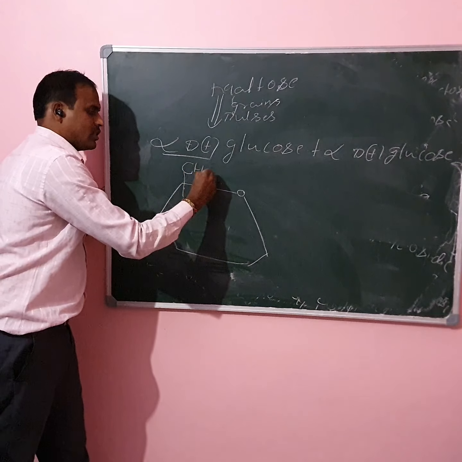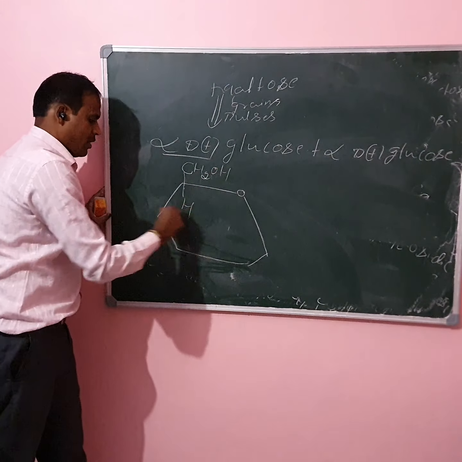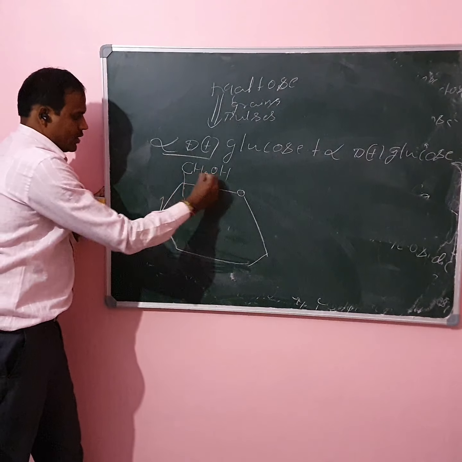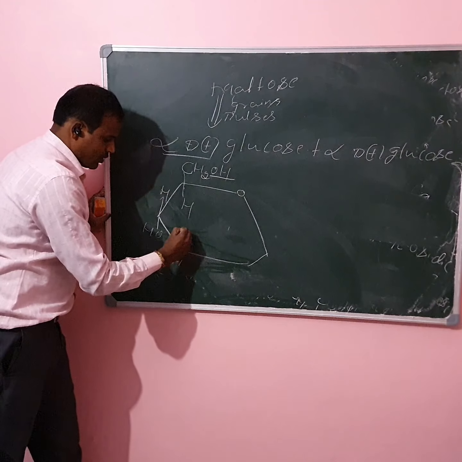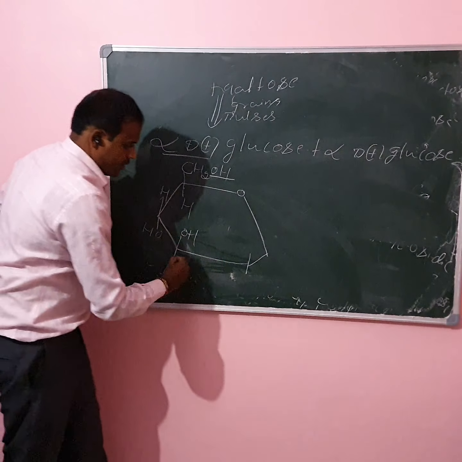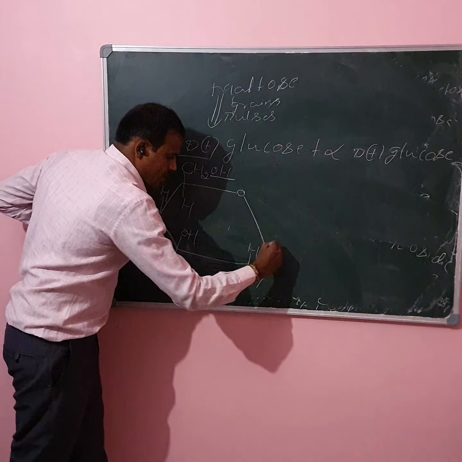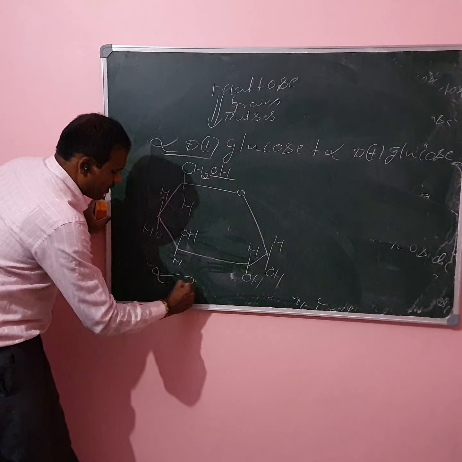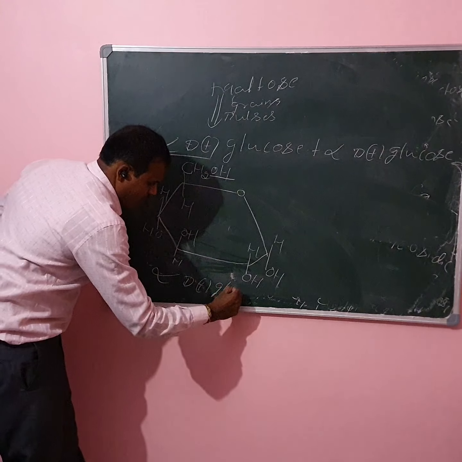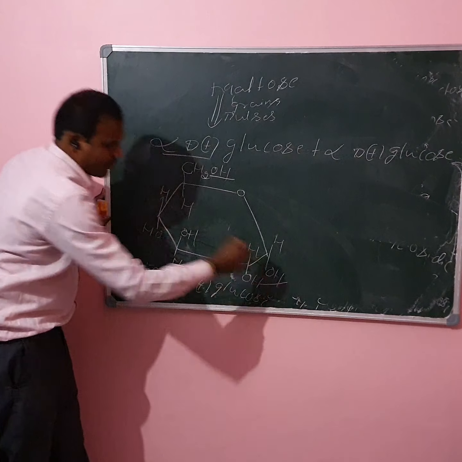In the same method, CH2OH, H. Then after that, this is opposite H, HO, and this is opposite HOH. And then this is opposite OH, H and OH. This is what you call alpha-D-(+)-glucopyranose.